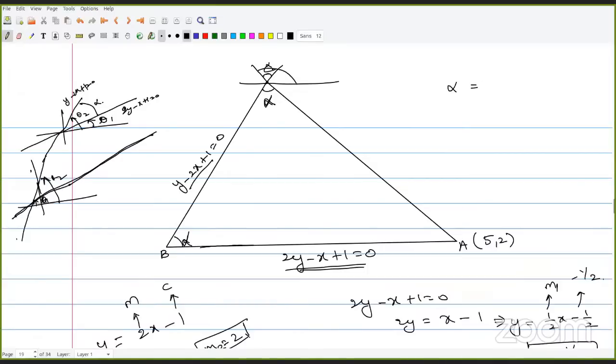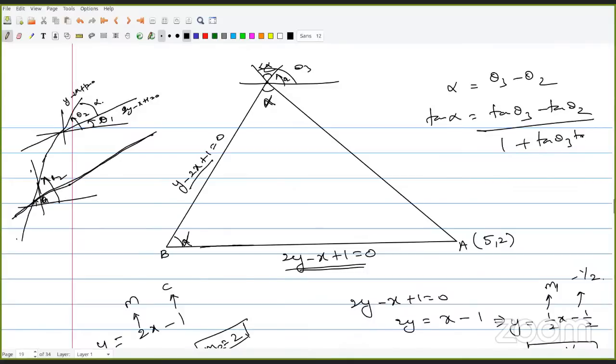So if I say this is theta 3 and this is theta 2, theta 3 minus theta 2 is alpha. So we know tan alpha. We don't know tan theta 3, but we know tan theta 2 and tan alpha. From this we can find tan theta 3, which will be the slope of this particular line.